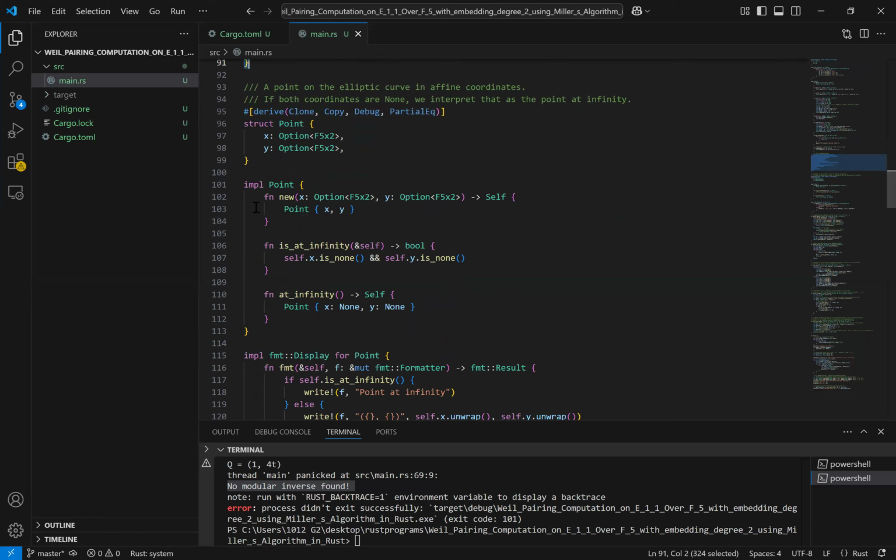And then the point at infinity. How will it be written? If x is None and y is None, then we say that the point is at infinity.